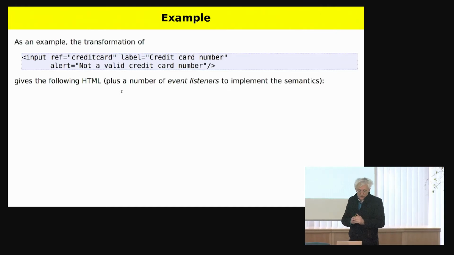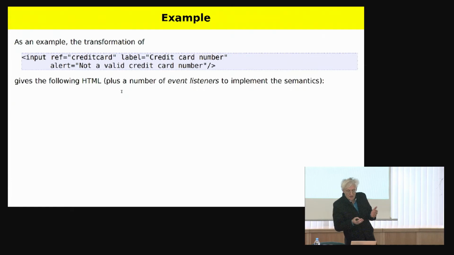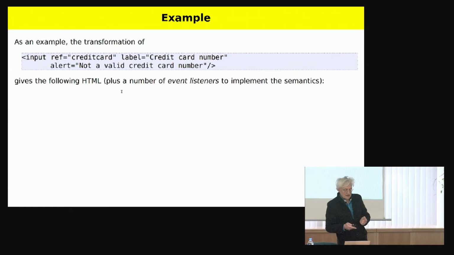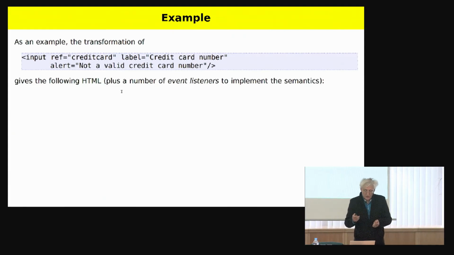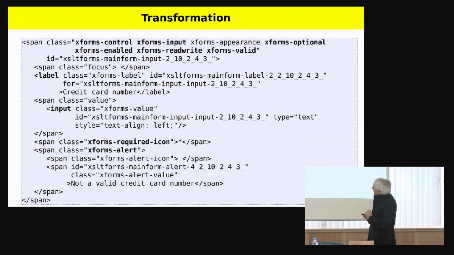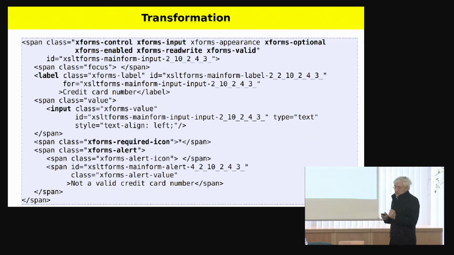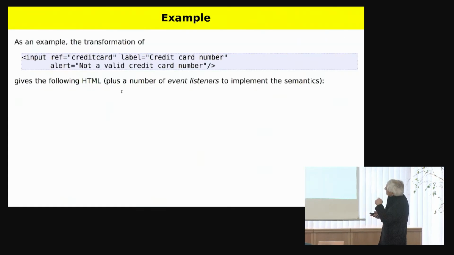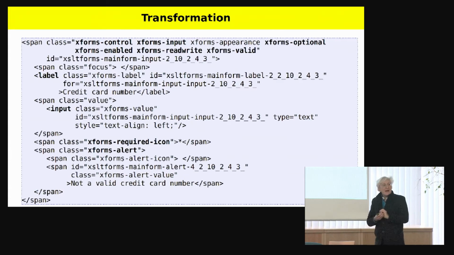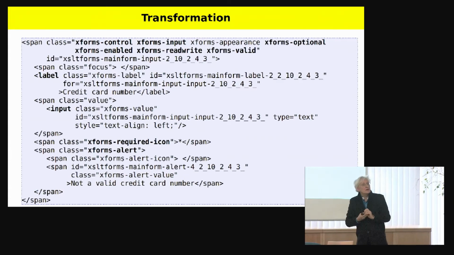So here, we're inputting the credit card. It's got a label and it's got an alert in the case that it's not valid. And you get this HTML as a result. It's quite hairy in a way. What you see from this is that each part of the original is represented by spans as subchildren of the main element.